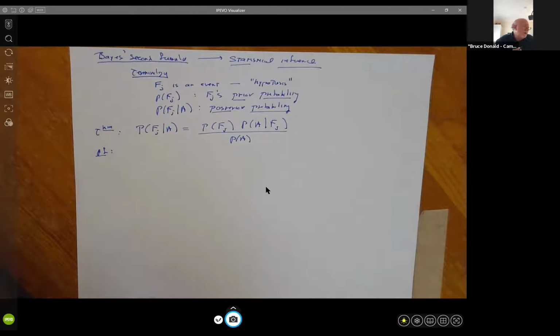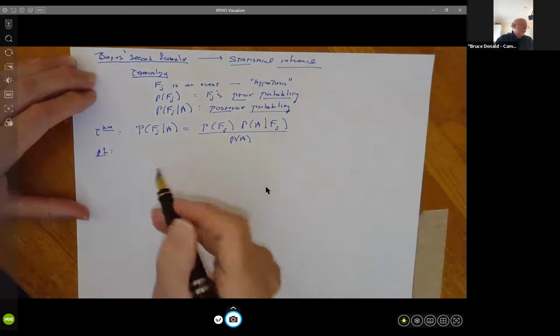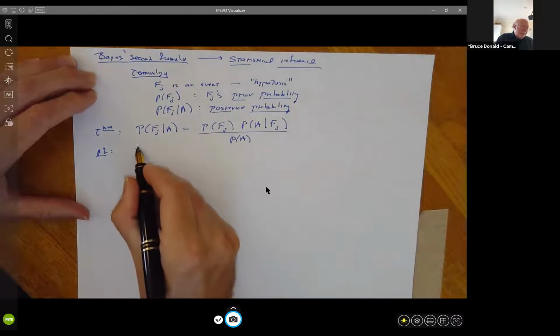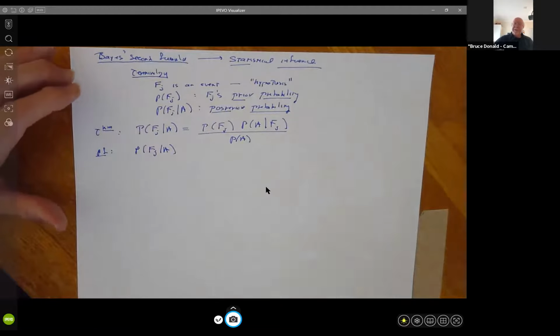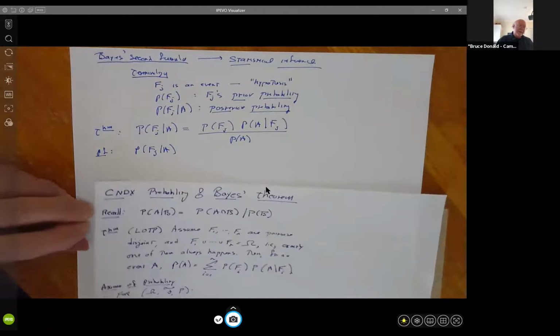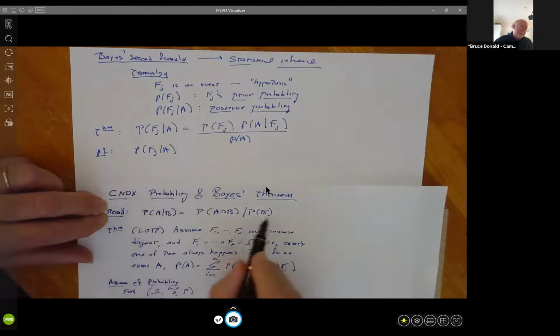So I'm just going to write down what we have here using the definitions of set theory and then try to manipulate them. So what I'll do is I'll write down the probability of Fj given A. And instead of writing that down using our formula, which is a perfectly good formula, what I want to do here is expand that using our definition of conditional probability in some sense.